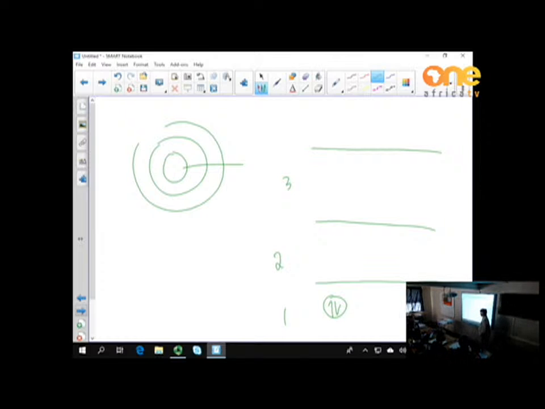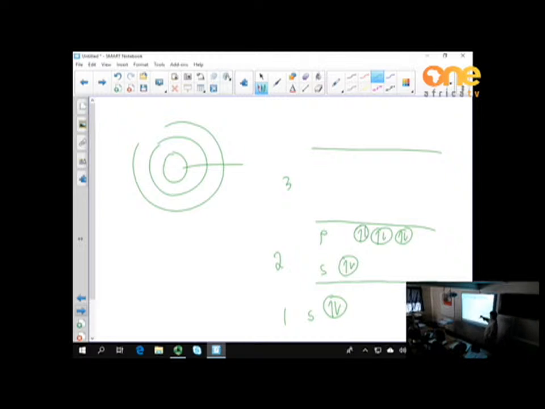The second shell, we said, has a single s sublevel and 3 p sublevels. It's got place for 8 electrons. Each electron will go 1 into a subshell, and then they will start pairing off.